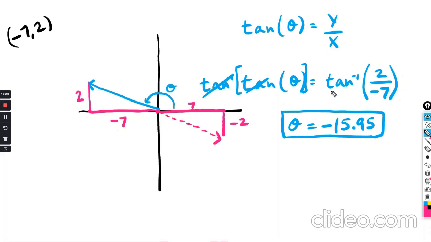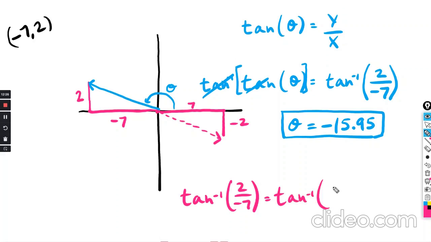The inverse tan of 2 divided by -7 is the same as the inverse tan of -2 over +7, because both are -2/7. So it didn't give us a wrong answer, it just gave us the angle on the other side of this line. This angle theta that we got is actually this one in here.